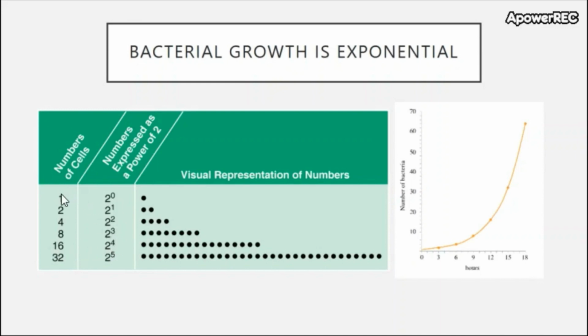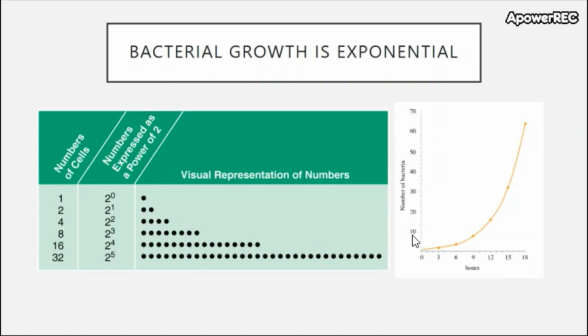So this would be if we had 1 cell starting out and we do 4 generations, we're going to have 16 cells. And if we have 1 cell starting out and we have 5 generations, then it's going to be 2 to the 5th, and we'll have 32 cells here. And if we put this on a graph, this just shows the insanity of what an exponential growth curve looks like.